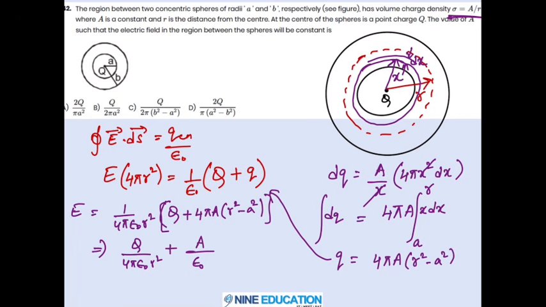Correct? 4 pi cancel, yes. Minus again 4 pi cancel, you will get A into A square divided by epsilon naught R square.